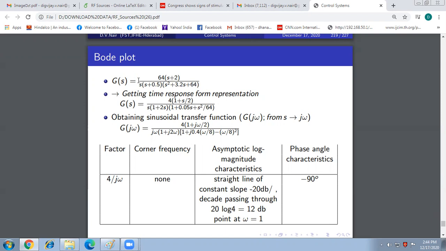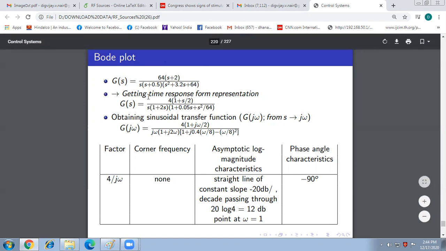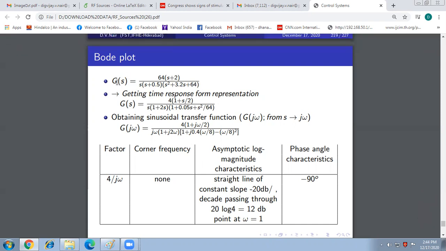Now when we have all the terms included, as given here, we need to find out the frequency response for this g of s. So we will go as per the Bode plot method techniques which we have discussed in obtaining the frequency response, of obtaining magnitude variation against log omega and the phase angle variation against log omega.